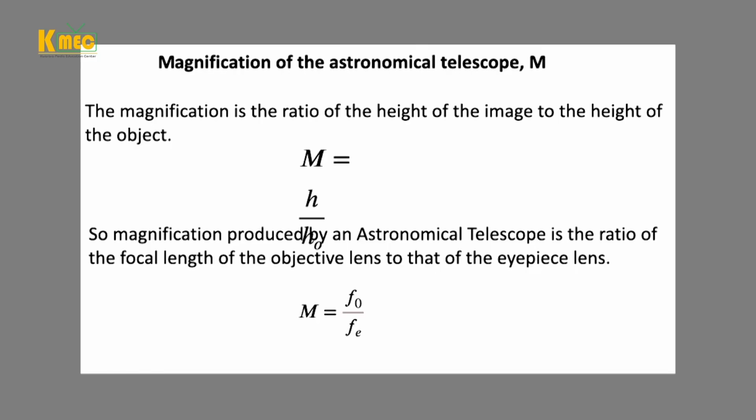Basically, we can say that magnification is the ratio of the height of the image to the height of the object. Now say magnification of the astronomical telescope. By definition, magnification is the ratio of the height of the image to the height of the object.